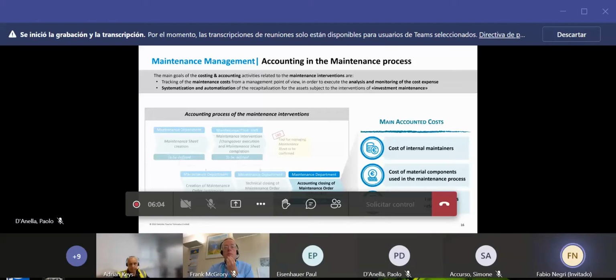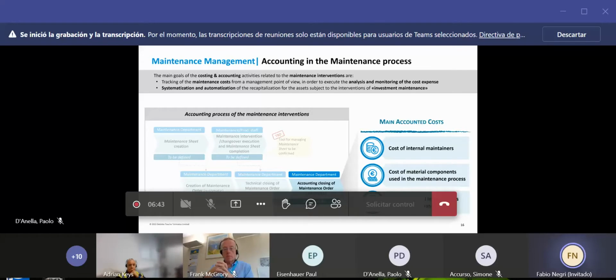The main accounted costs that you can see here on the right of the slide, which contribute to the accounting part of the maintenance interventions, are, first of all, the cost of internal maintenance, since we're talking about internal teams of people that spend their time, which can be taken into account on the different interventions in production, on the molds, on the general system, and so on.